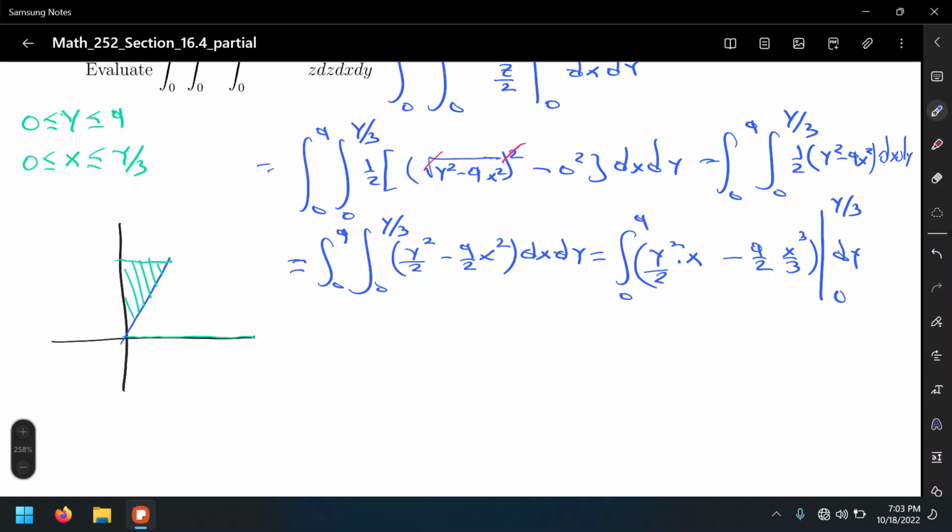And the original limits for the first integral go from 0 to 9. All right. So again, notice we integrated with respect to x. So these limits of integration, 0 and y over 3, should go only wherever you see the letter x.